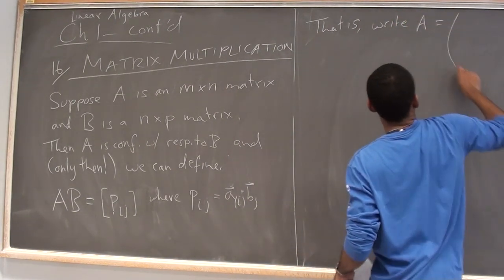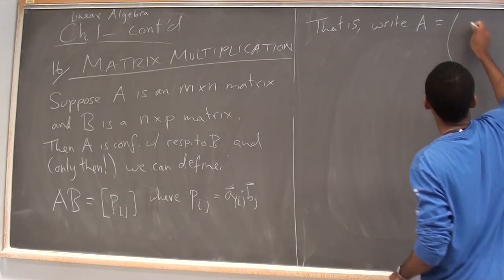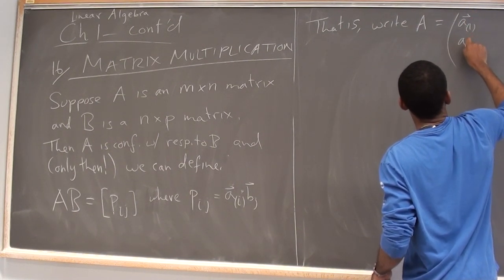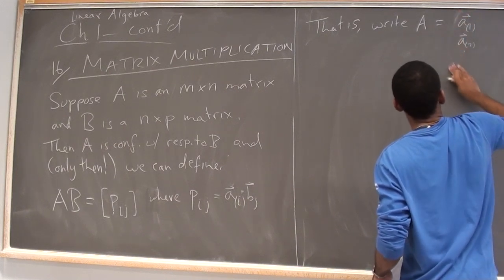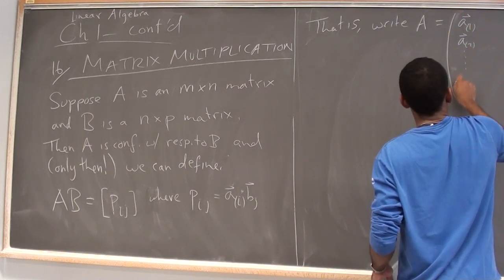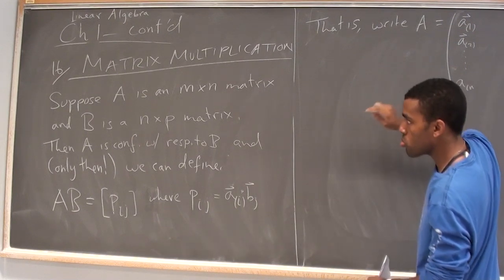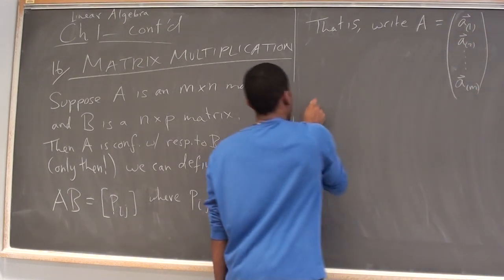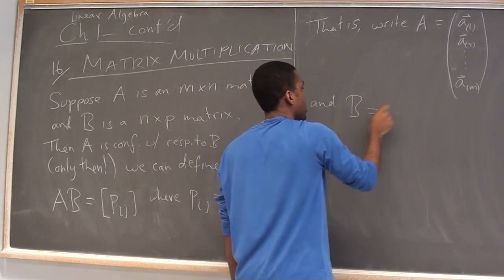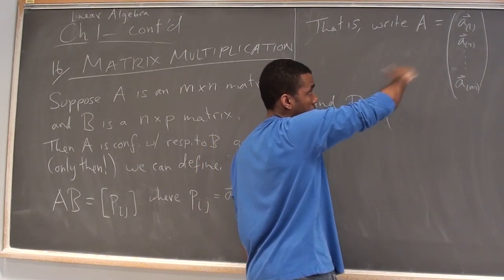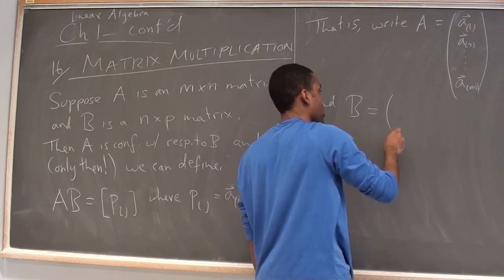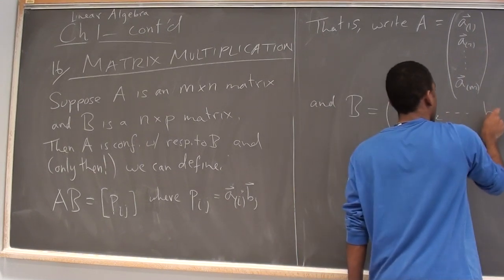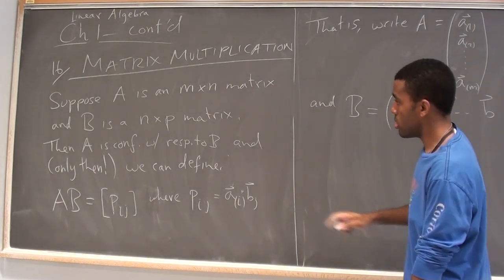That is, write A equals A1, A2, all the way down to AM, and B equals B1 through BP. So I represent A as a bunch of row vectors, and I represent B as a bunch of column vectors.